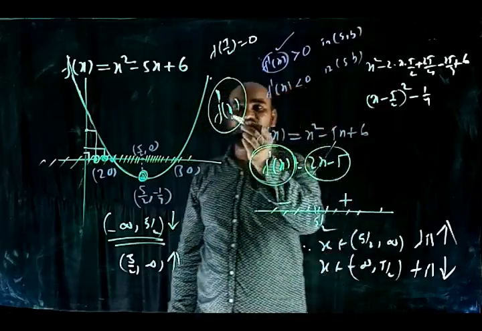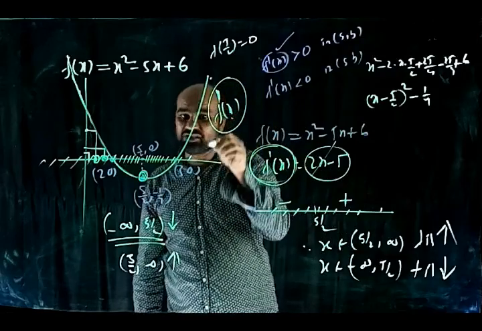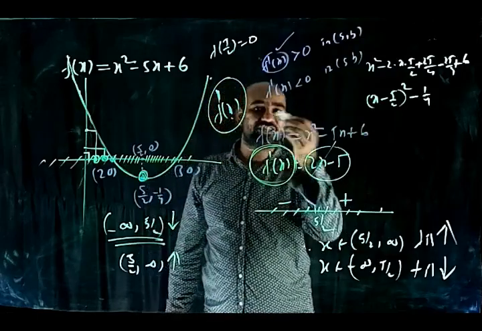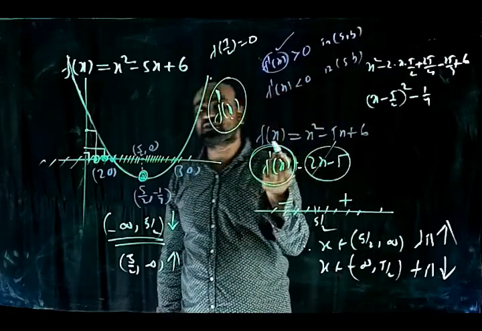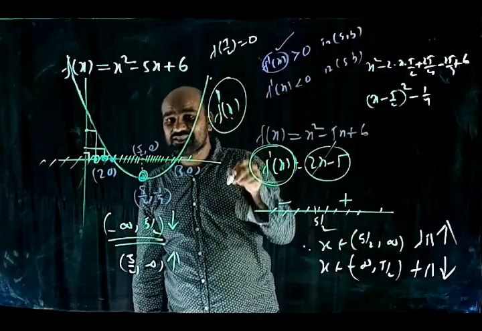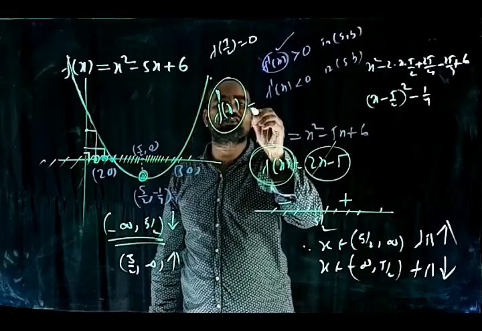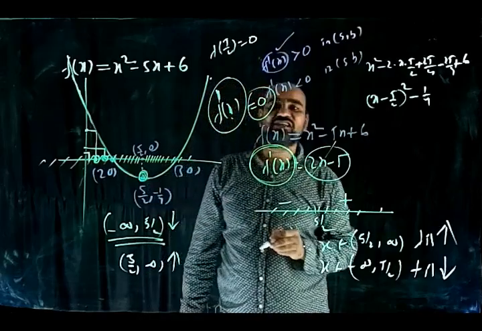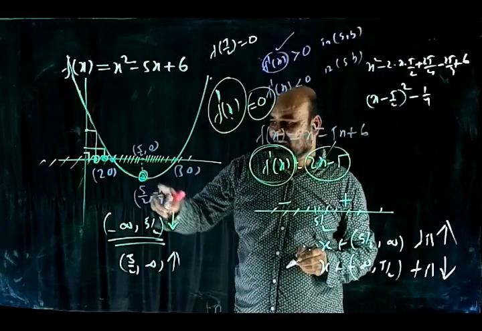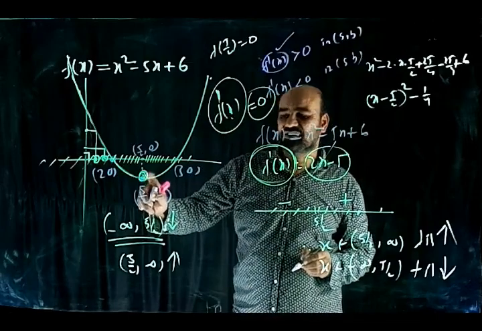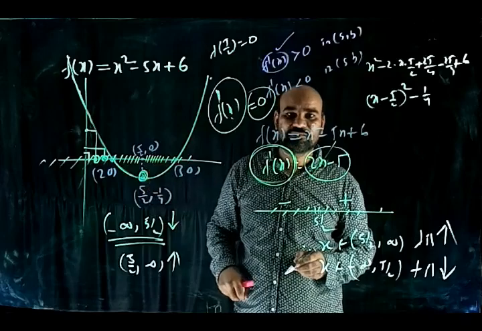In some intervals f dash of x is positive, in some intervals f dash of x is negative. The interval where f dash of x is positive is said to be increasing. The interval where f dash of x is negative is decreasing. Sometimes f dash of x equal to 0. At that point the function is neither increasing nor decreasing.